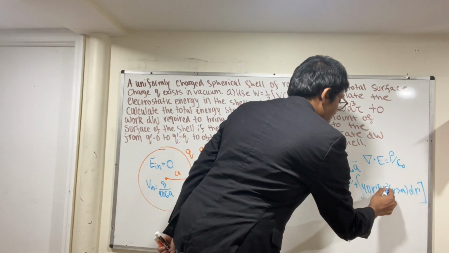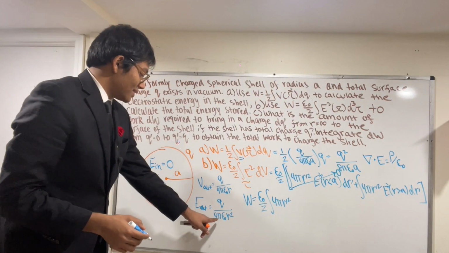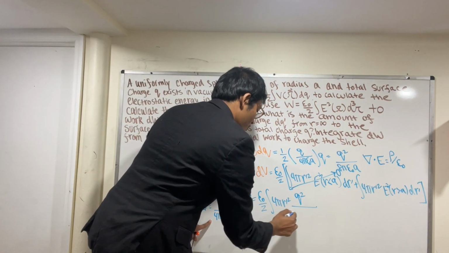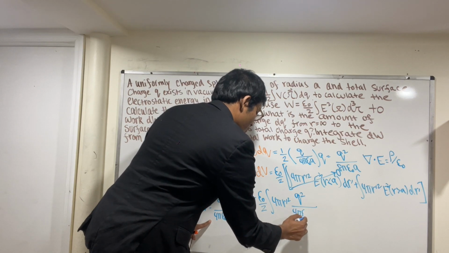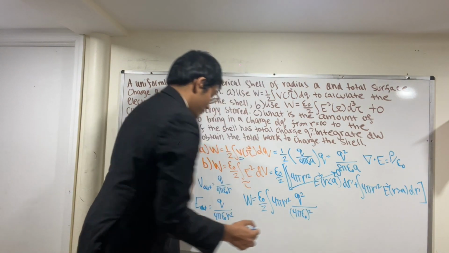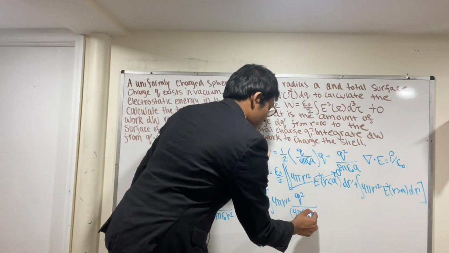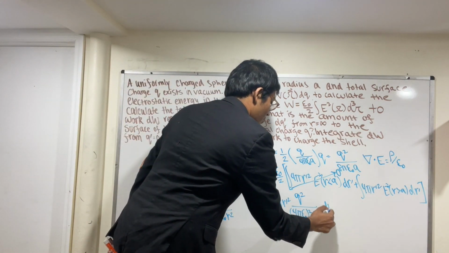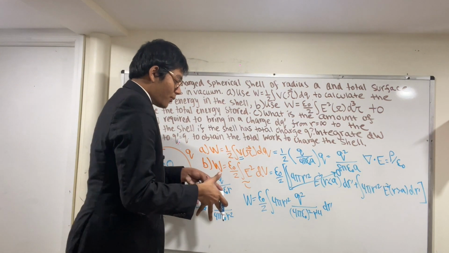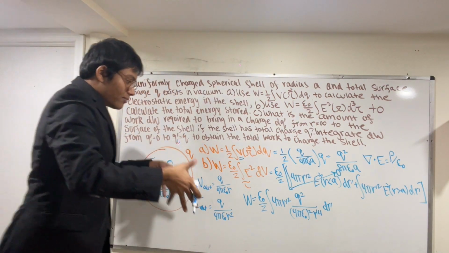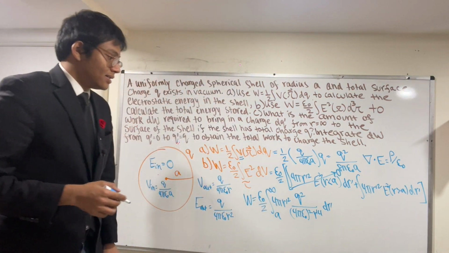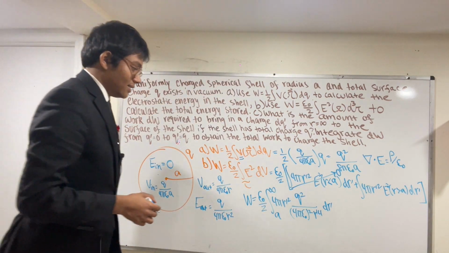I neglected to put the square symbol. So let's go ahead and square this. So I would have q squared over 4 pi epsilon naught all squared times r prime squared over r prime to the 4th, dr prime, as r prime goes from the outside of the shell, which is a, to infinity. To infinity and beyond, as they say.